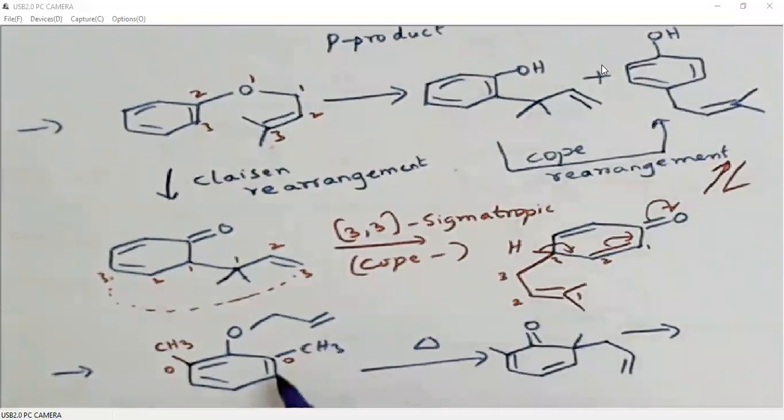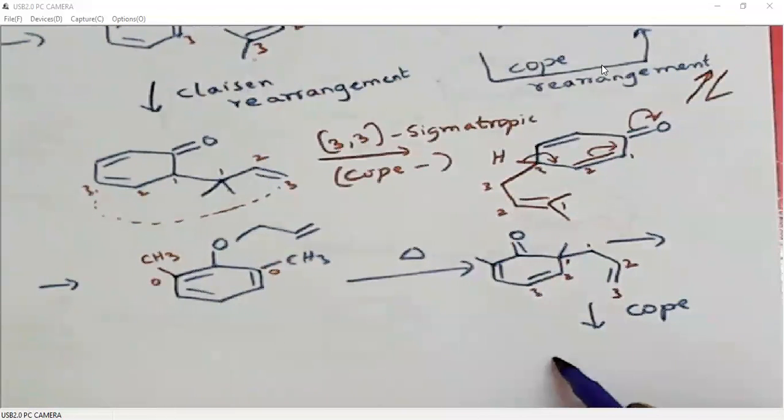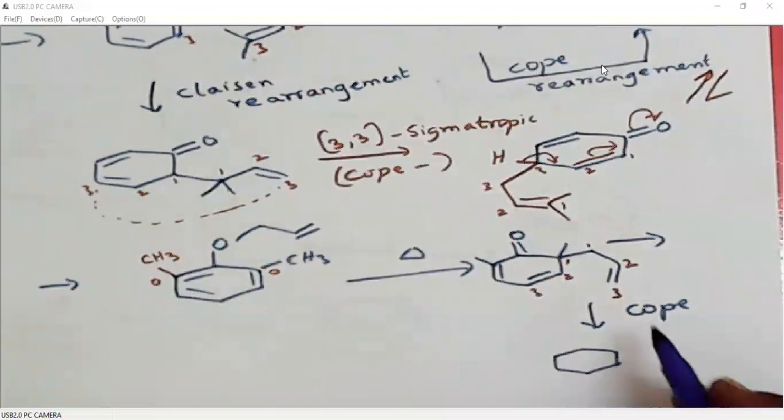It will undergo Claisen rearrangement because we don't have hydrogen here. It will not undergo enolization to give the phenol product here itself. So obviously, it will undergo further Cope rearrangement to the para position. So it gives the final product with para substitution.